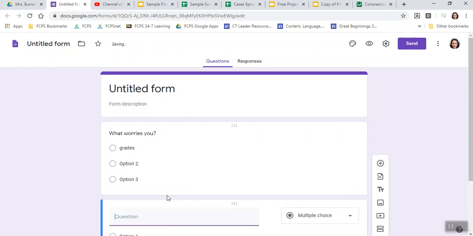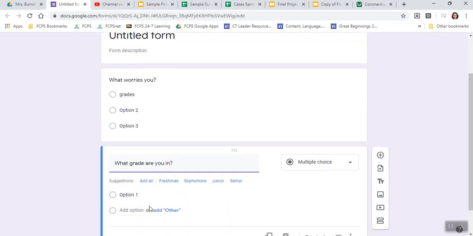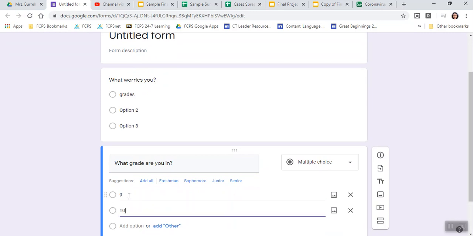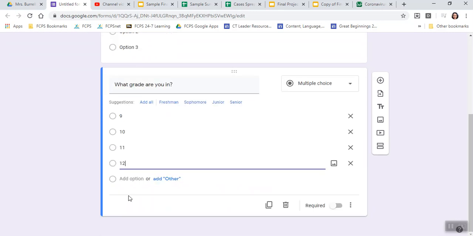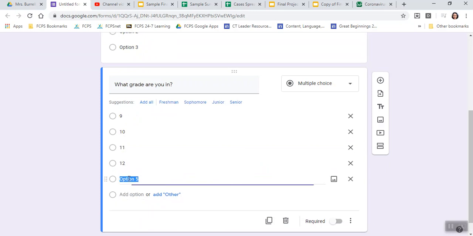Then you also need to ask what grade are you in? And you again probably want to make it multiple choice, so you can add the grades 9, 10, 11, 12, and maybe you could put not in high school if you're doing social media.